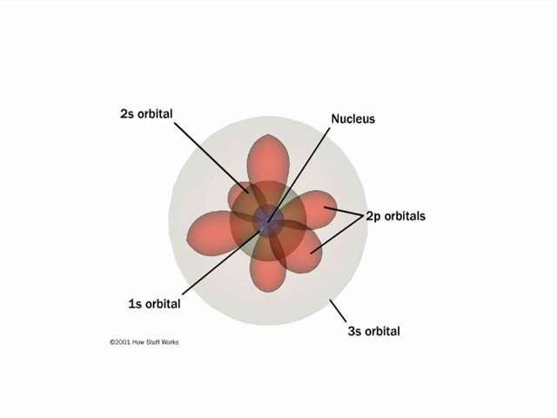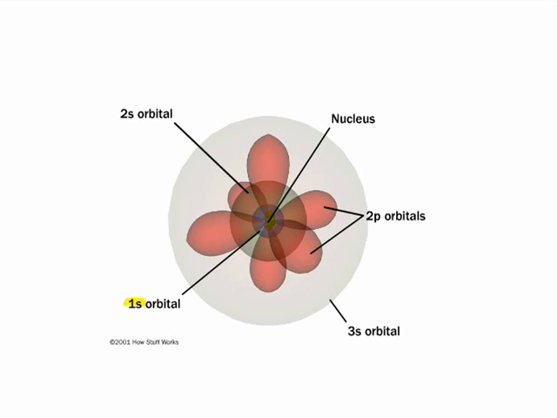So here we have the nucleus of the atom here. The 1s orbital, it's hard to see the nucleus, but I'll try and color that a little. It's right in the center. The 1s orbital is the blue region. That's the first energy level, and that only has an s orbital.